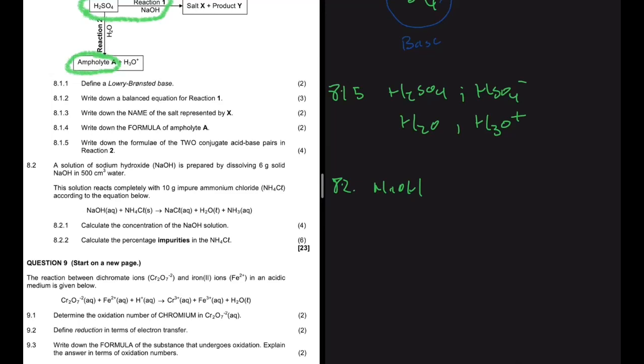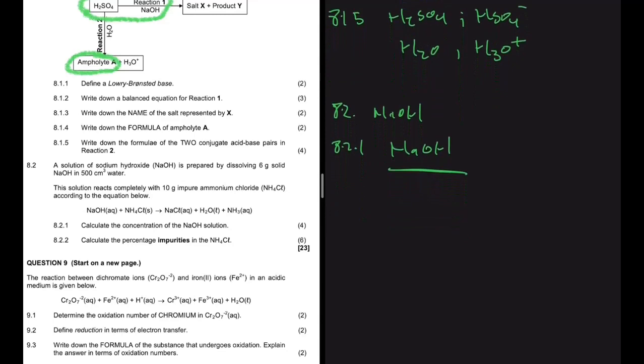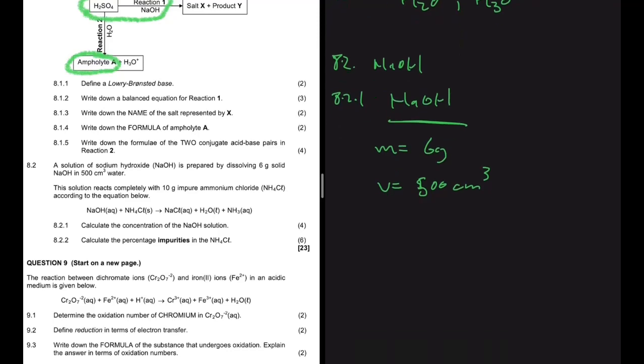And there we have our equation, and it says calculate the concentration of NaOH. So 8.2.1, NaOH. Problem solving 101. We have to write down the information we know about the NaOH, right? So we know fully well that the mass is 6 grams, and then the volume is 500 centimeter cube, and we want to find the concentration.